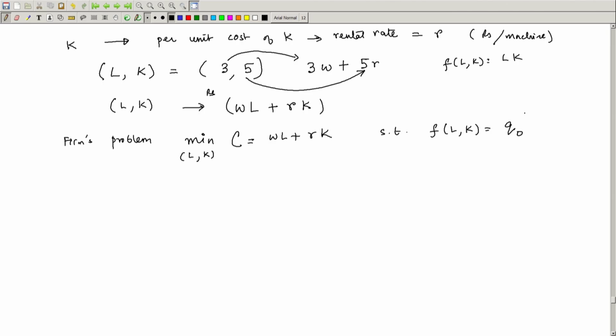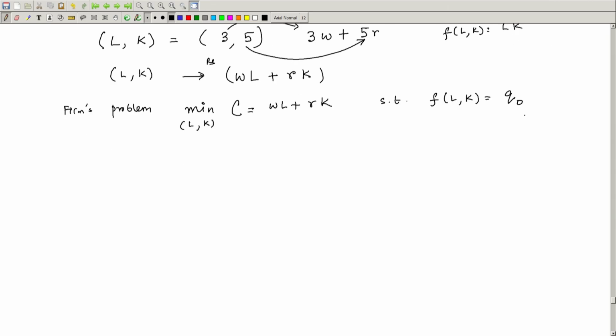Now, why is this relevant? Why does this problem arise? This problem arises because it's possible to produce Q0 units using different combinations of labor and capital.